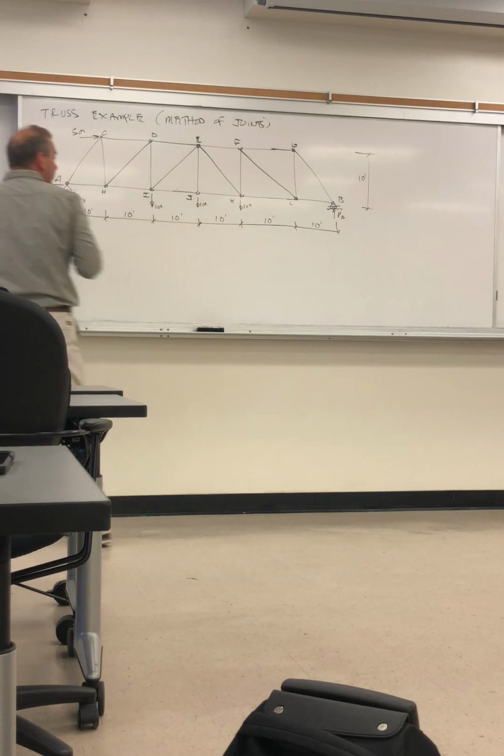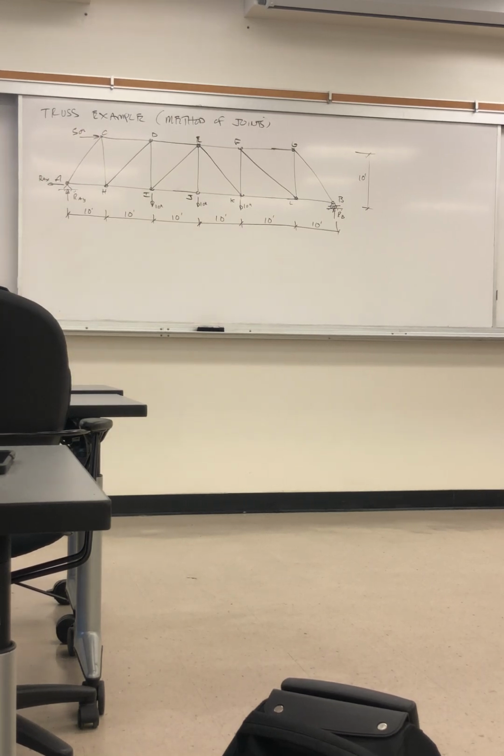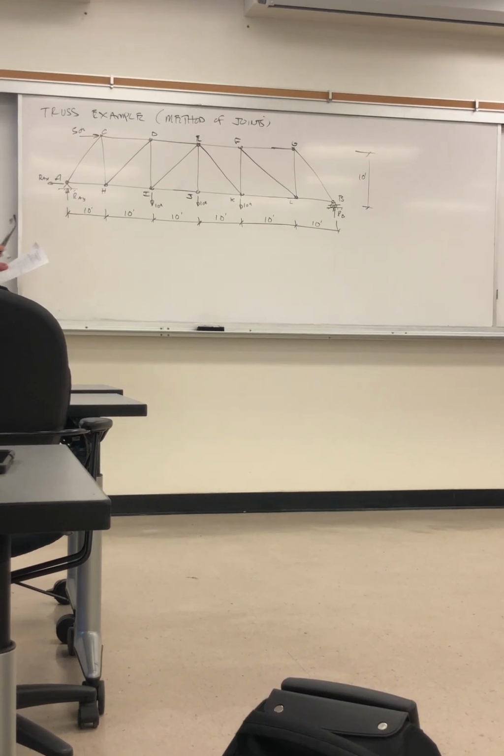We have 3 reactions for this truss, and what we want to do is solve for all the member forces. But first we'll solve for the reactions based on overall statics of the truss.